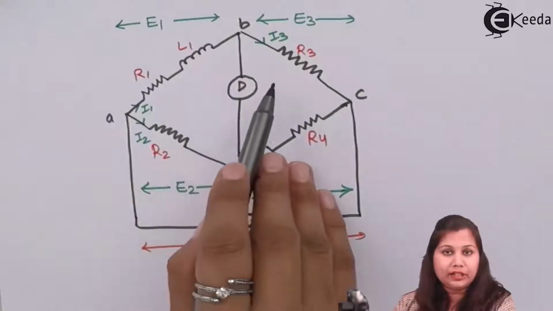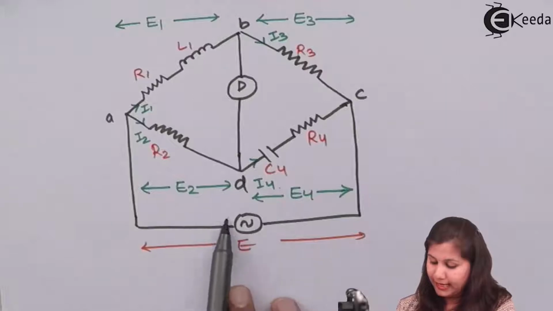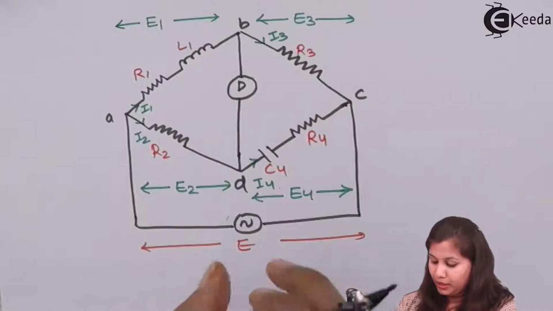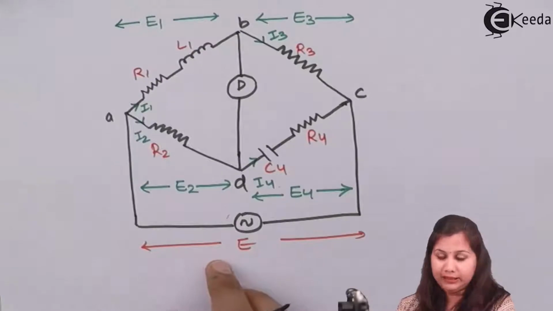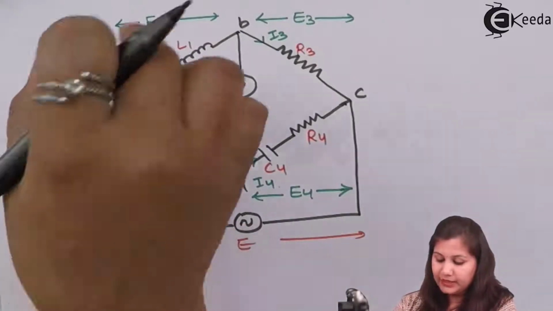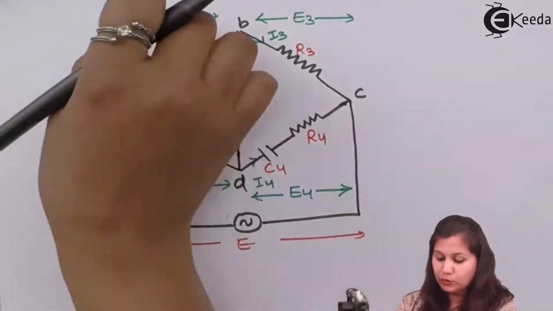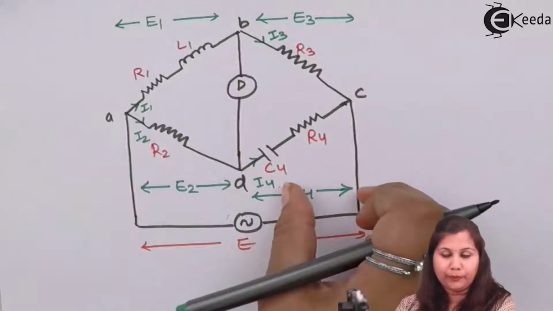D is the detector, which is used to obtain the balance condition, and this is an AC voltage source which provides the power supply to the bridge network. The total voltage provided by this is E, and this E is divided across the branches. So E will be equal to E1 plus E3, and also E2 plus E4.